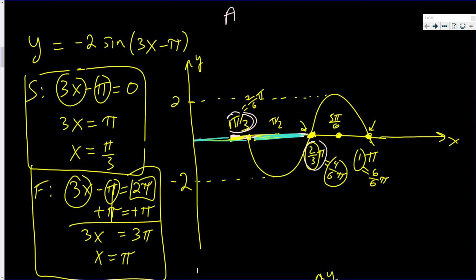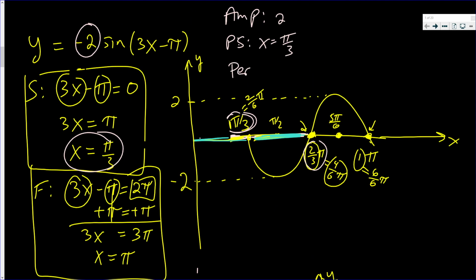In this one, the amplitude is the absolute value of that number. The phase shift is easy. It's where you start. And the period, that one, you have to do a subtraction. If you go from pi over 3, so pi minus pi over 3.